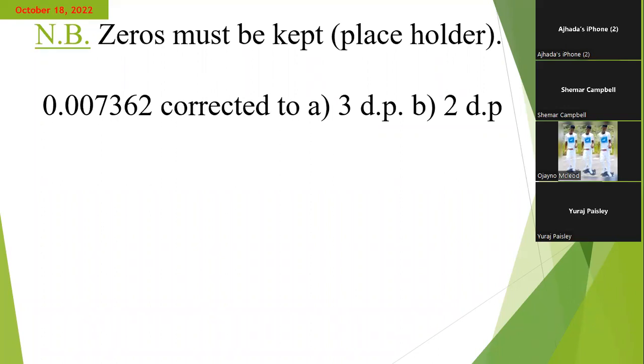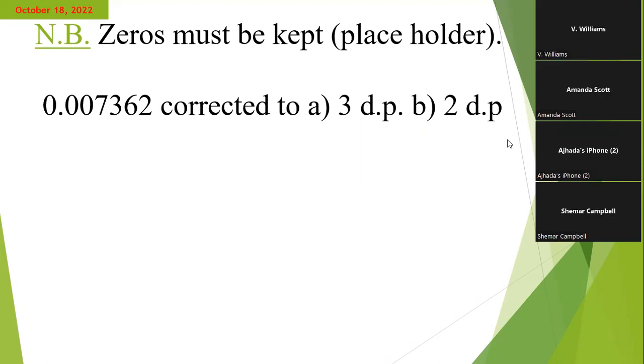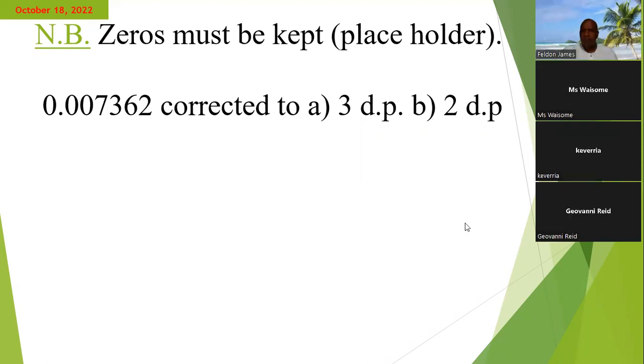Now let me call on somebody else to tell me two decimal places. All right, Mr. Paisley, I haven't heard anything at all from you, sir. Could you give us the answer rounding off this number to two decimal places? What would be the answer? .01, sir.